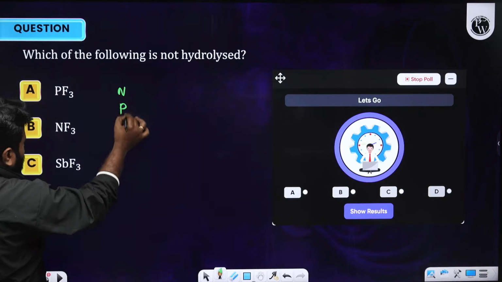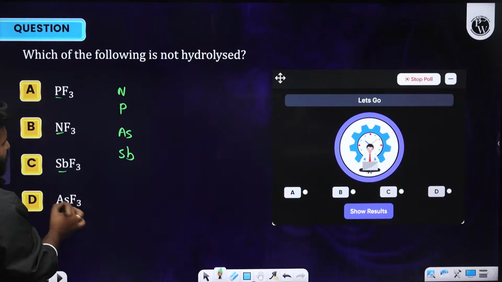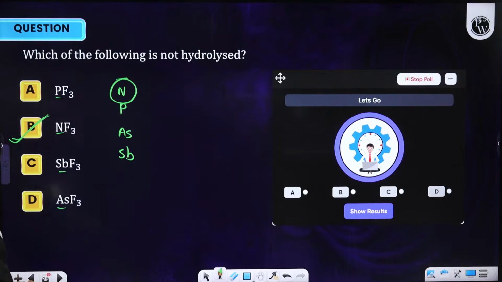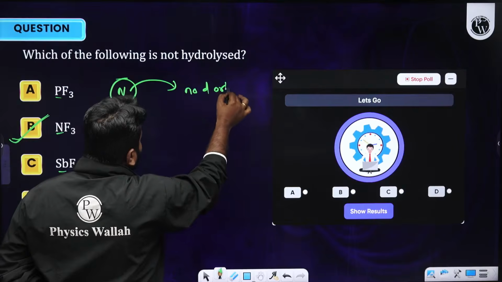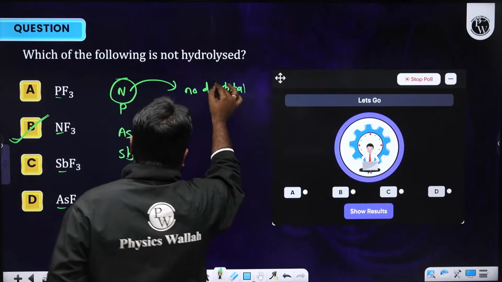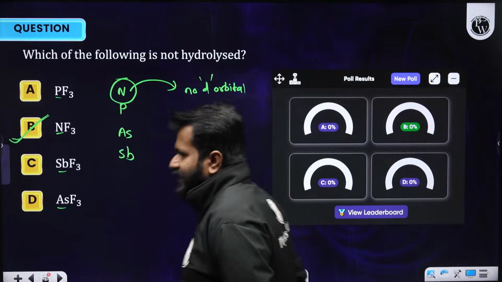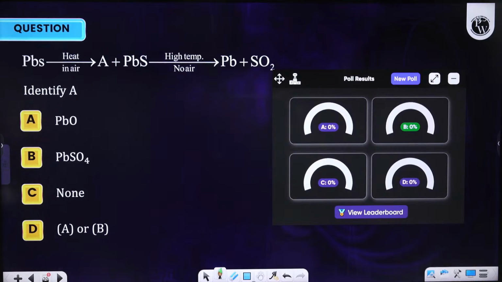Nitrogen, phosphorus, arsenic, antimony, right? The rest are all fluorides. I will say nitrogen. B is the answer. Why? Because nitrogen has no d orbital. So automatically option B is the right answer.